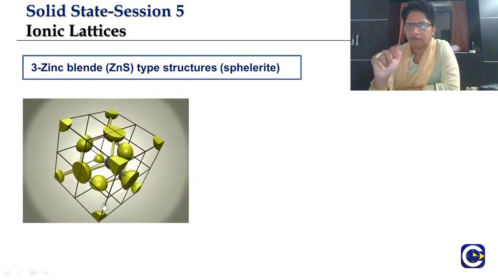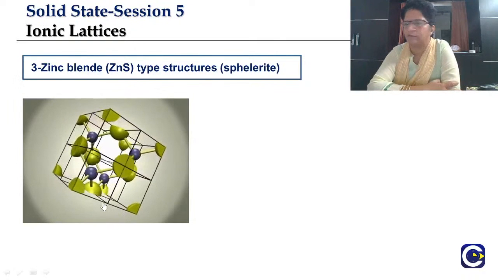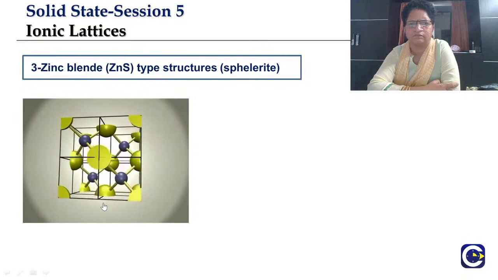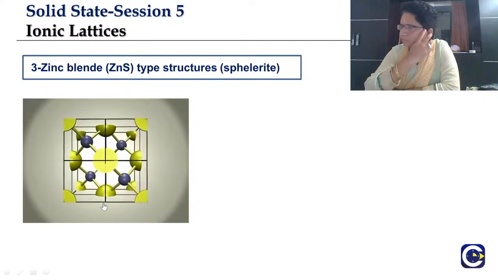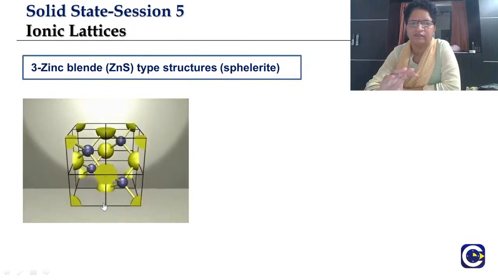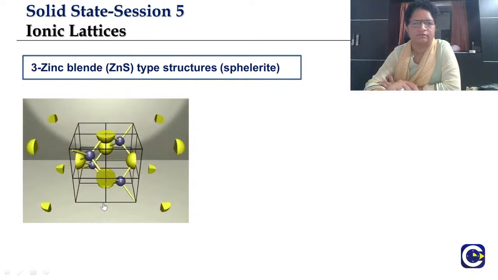You can see that cross on the corner lattice point, the mustard yellow color one. Can you visualize the zinc sulfide structure, Maithili and Aditi? How is it becoming one lattice point?